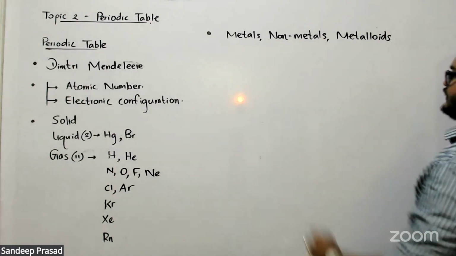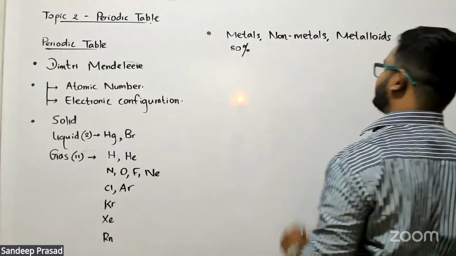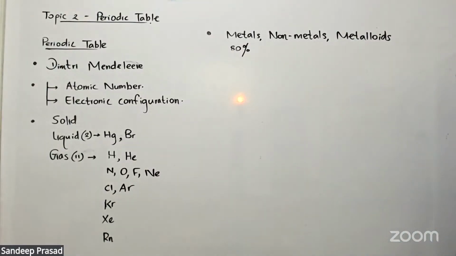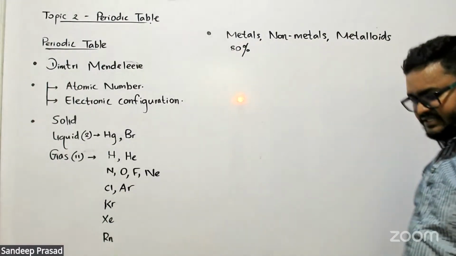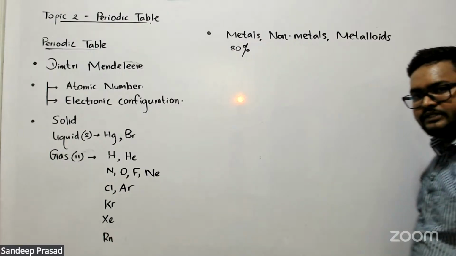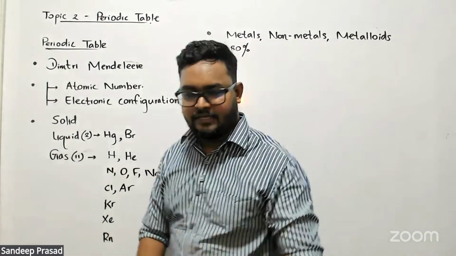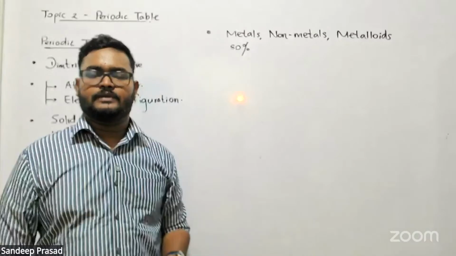Right? So 80% of the periodic table elements are metals, others are non-metals and metalloids. Most of the elements in the periodic table are metals. Metalloids means elements which can show both metallic properties and non-metallic properties.